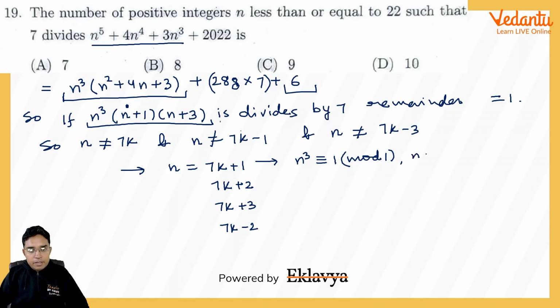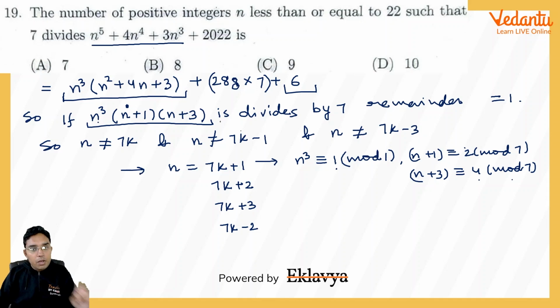And n plus 1 will be congruent to, I think, 2 mod 7. And n plus 3 will be congruent to 4 mod 7. You can check if it is 7k plus 1. So the product of these three, it is 1 here, it is 2 here, it is 4 here. So n cube into n plus 1 into n plus 3 will be 8 mod 7, which is equivalent to 1 mod 7.